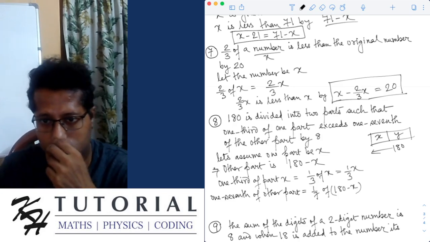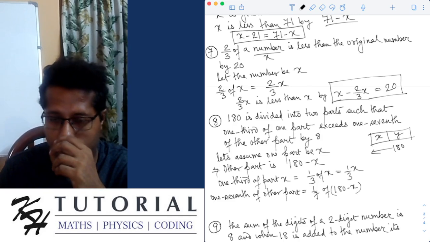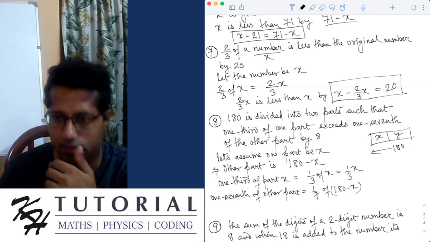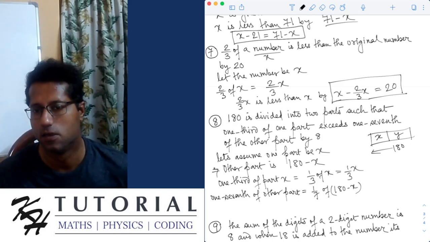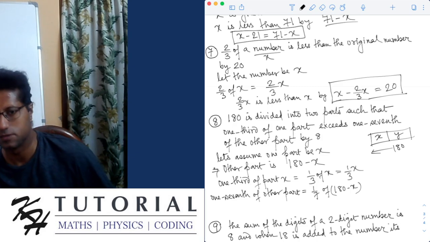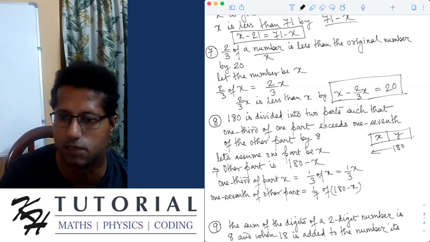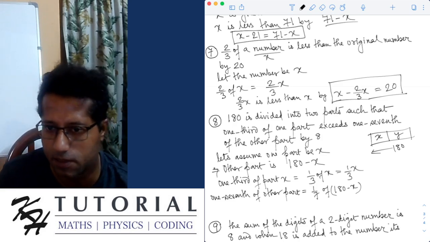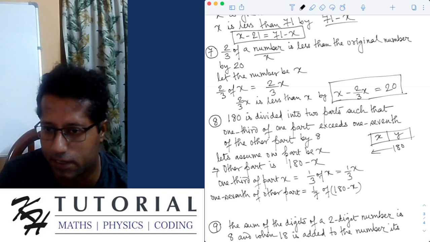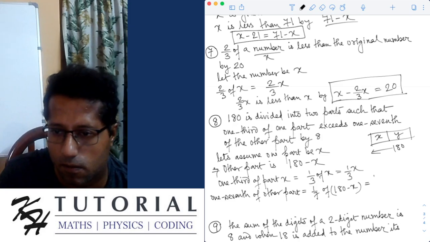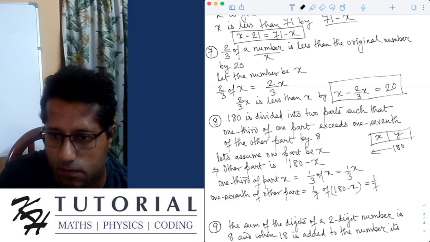So one part, we have assumed to be the unknown quantity x, the variable x. So the other part is 180 minus x. So now 1/3 of the part x is x by 3, and 1/7 of the other part is 1/7 of 180 minus x, that is 1 by 7 into 180 minus x.